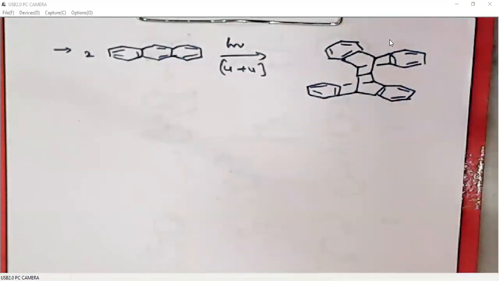This is the product. So it undergoes dimerization under photochemical conditions through a 4+4 cycloaddition reaction to get this product.